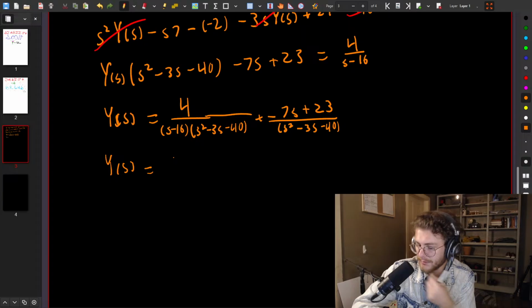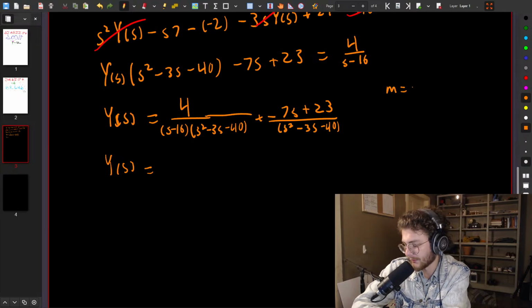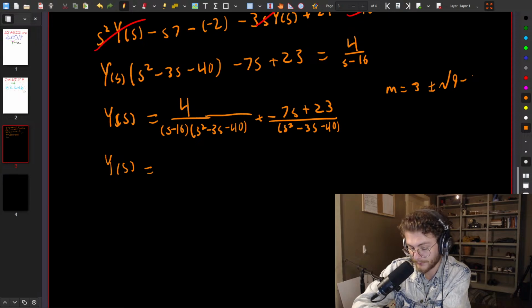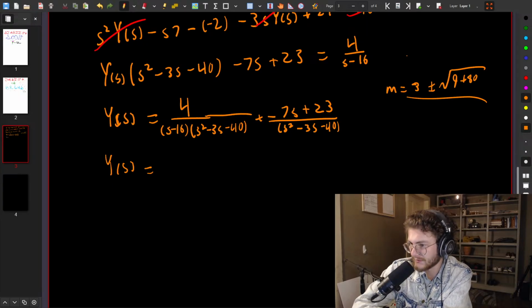I am lazy enough that I want to use the quadratic formula: positive 3, plus or minus the square root of 9 minus 4 times negative 40. So that's 80, so this is the square root of 80. Ah, it's a mess. I don't like messy quadratic equations.